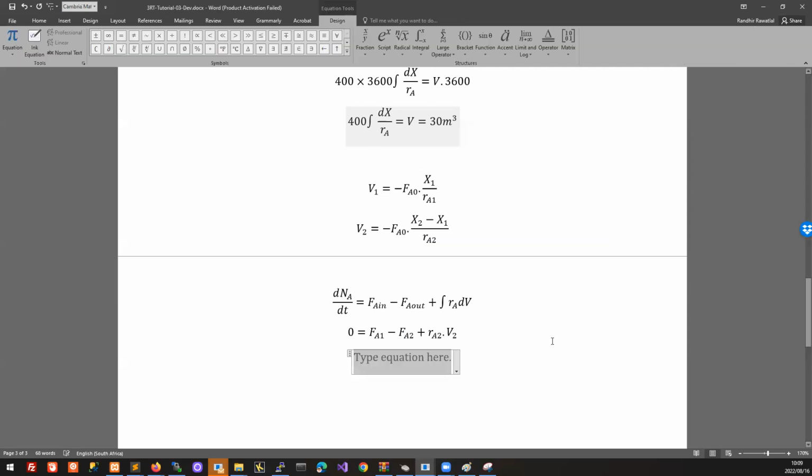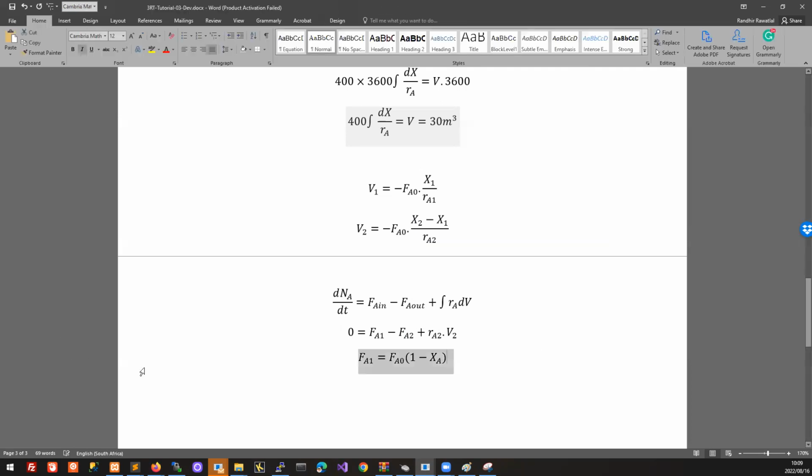And we can say here, FA1, we know equals FA0 times 1 minus XA. And FA2, we can write as FA1 times 1 minus XA2. Right, I should have said XA1 over here.